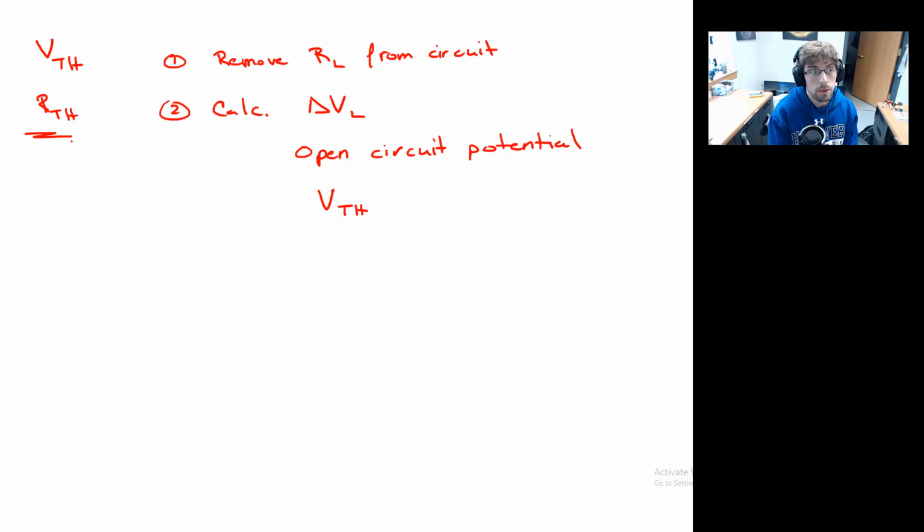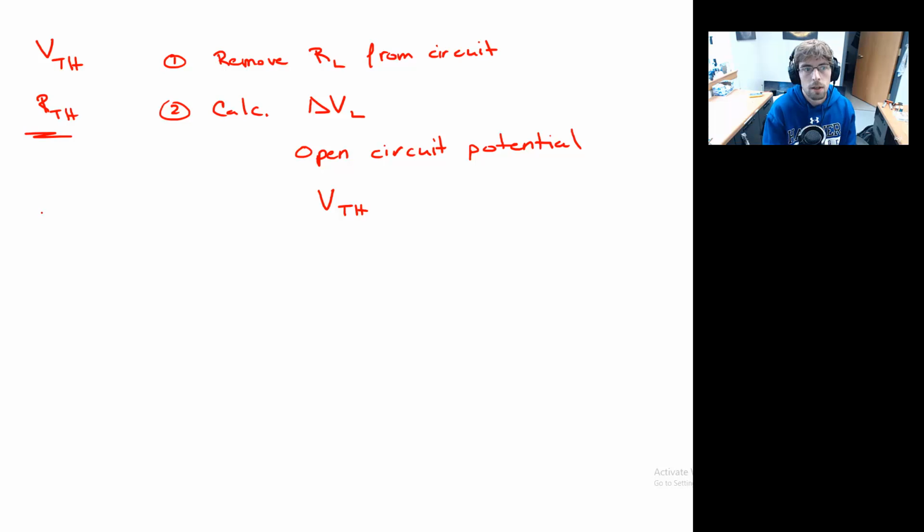Now, we also need the resistance. And of course, excuse me, I should go back. You can see where all of your previous analysis techniques would help you with this piece. So again, whatever suits your fancy: superposition, node voltage, mesh current, KVL, KCL, take your pick.